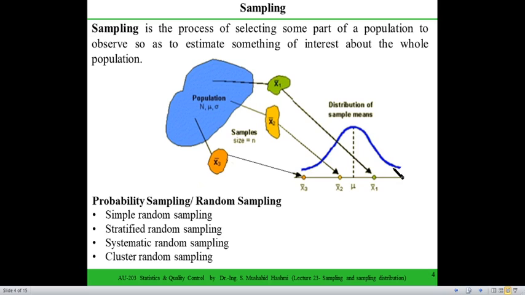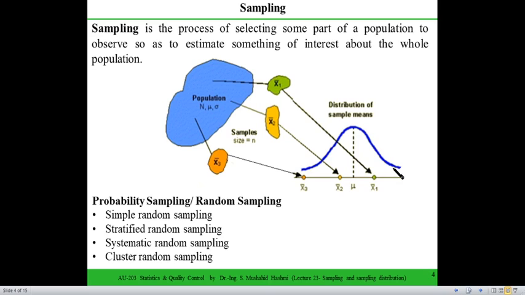Or sometimes we use a systematic pattern. Let's say we will pick elements in the first hour of an operation. So every first hour of an operation, at the start of the day, you pick random samples. That would be called systematic sampling.